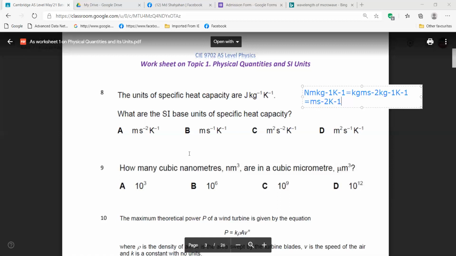So if someone is asking you how many 10 taka notes are in 100 taka, that means in 100 taka we can have 10 taka notes, right? And if you think of 5, how many 5 taka notes will be in 100 taka?